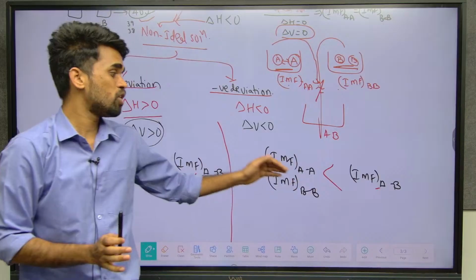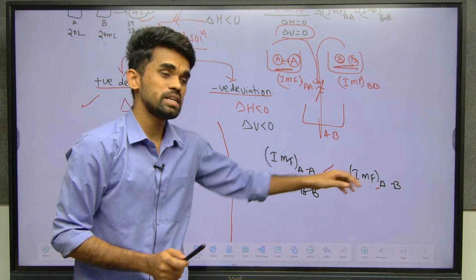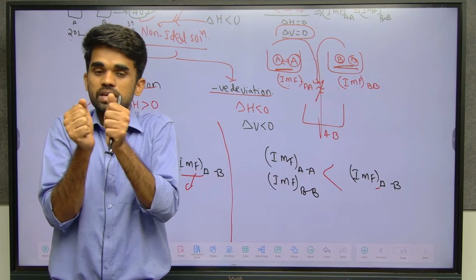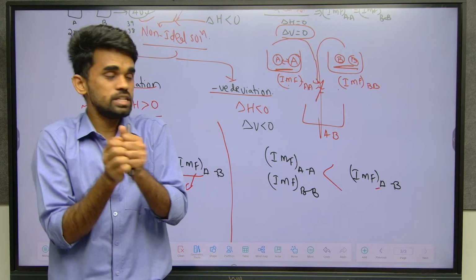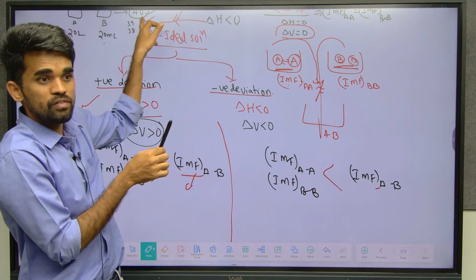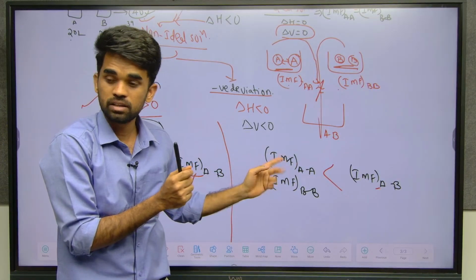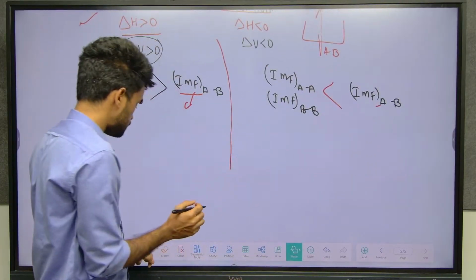So tell me, before mixing are intermolecular forces more or after mixing? After mixing intermolecular forces are more, which means particles will come closer. If they are coming closer, what happens to the volume? Decreases now. So instead of our 40 ml, now it will be around 39, 38 like this. So what type of deviation is it? So clear everyone? Okay. Now the question will be like this.